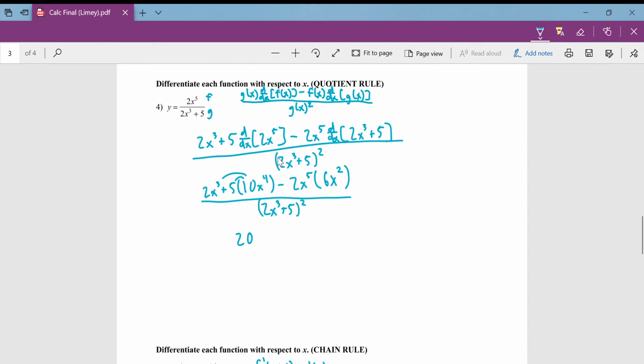So you have 20x to the 7th plus 50x to the 4th minus 12x to the 7th.